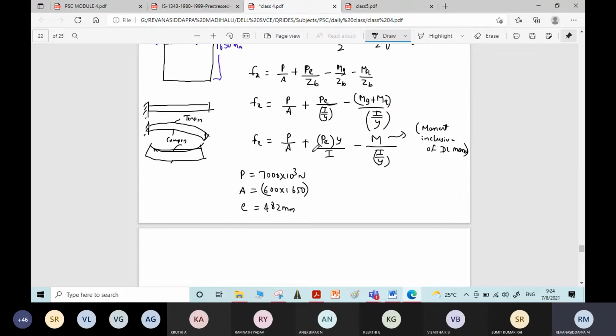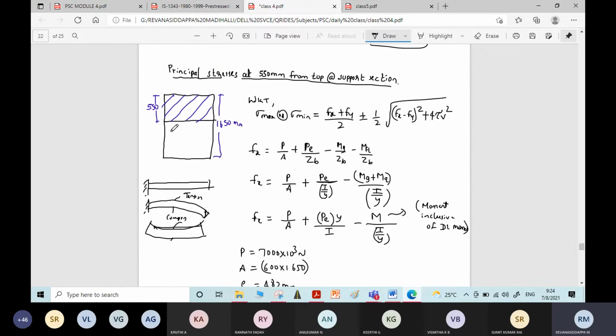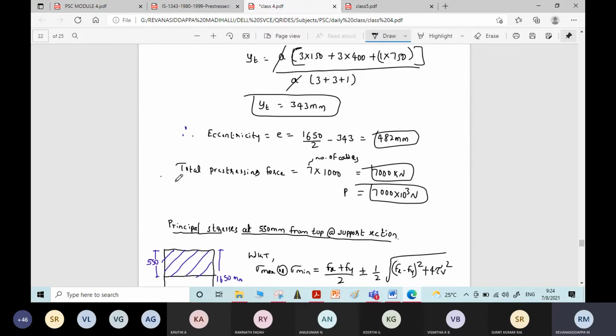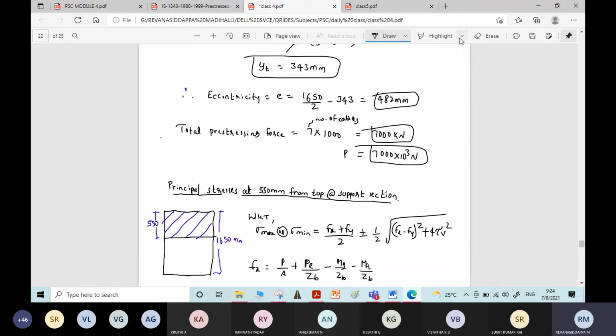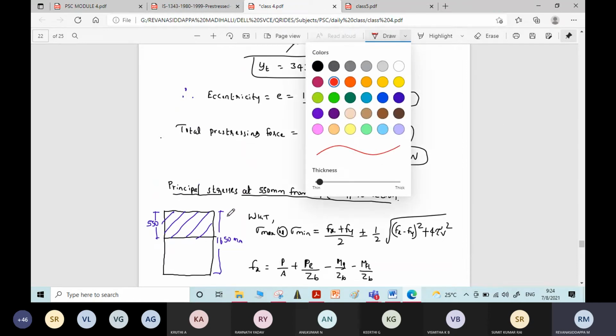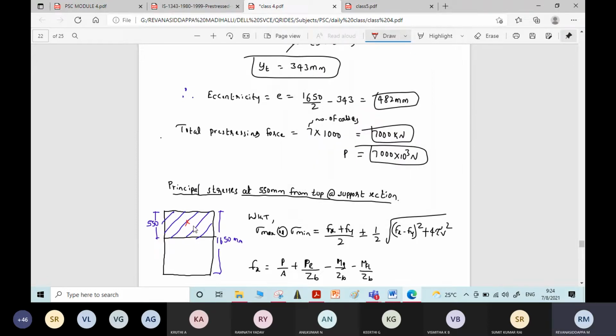Then Y, okay, Y is the distance of centroid from the reference axis. Here it is asked to find principal stresses at a distance of 550 mm from the top. Therefore, the Y bar, distance of centroid, becomes how much? Y is equal to 550 divided by 2, which is equal to 275 mm.